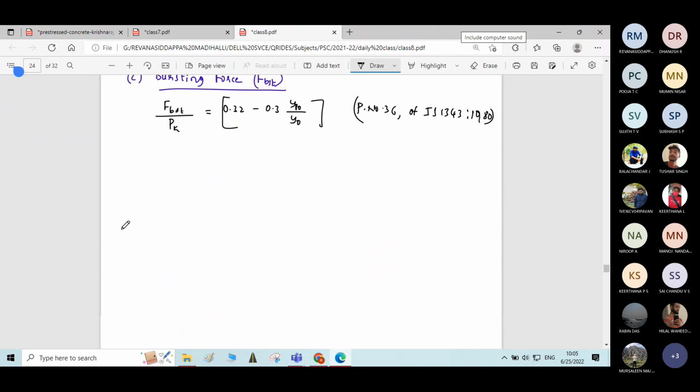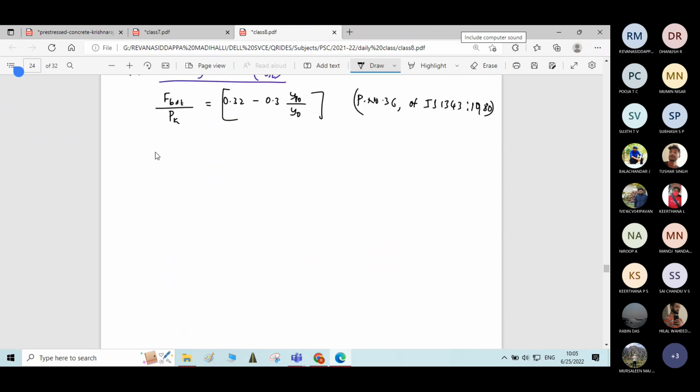Therefore, the FBST force is equal to Pk into 0.32 minus 0.3 Yp naught divided by Y naught.